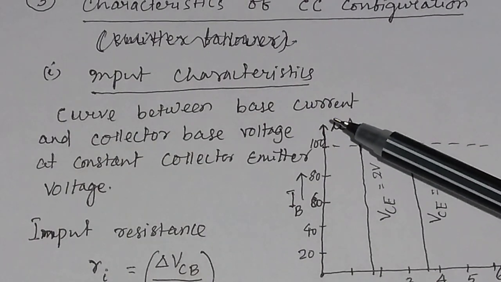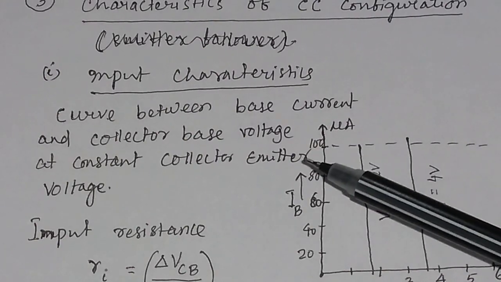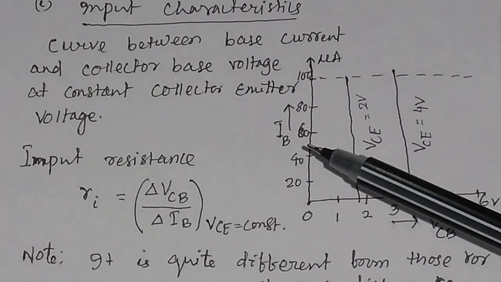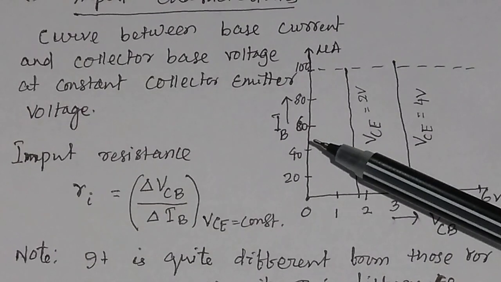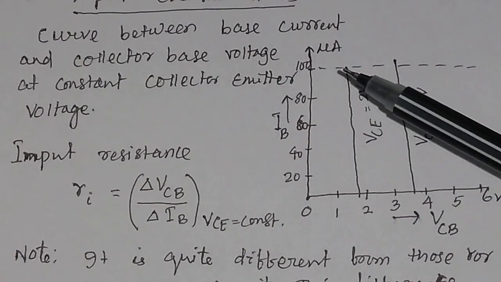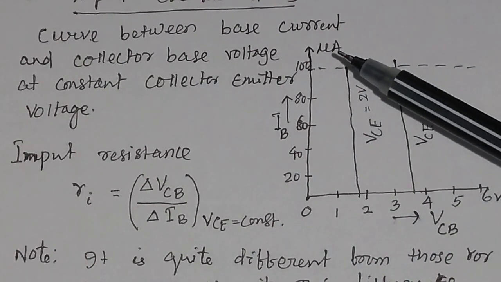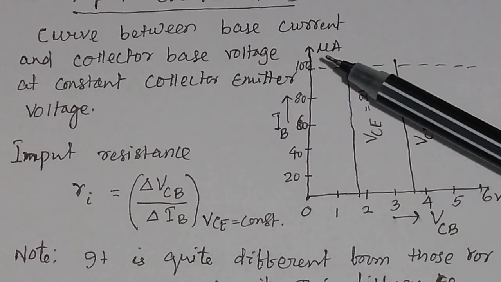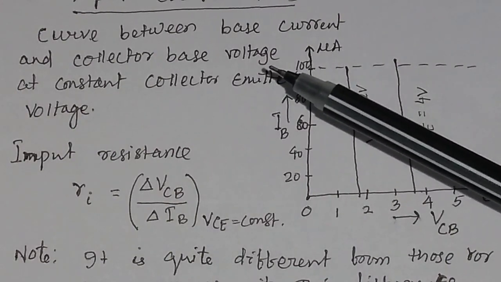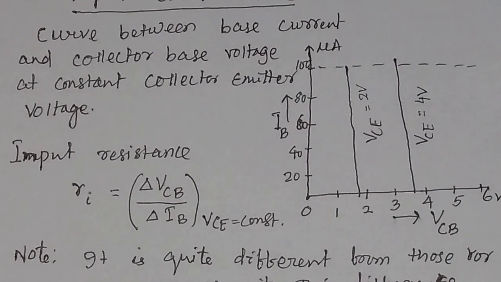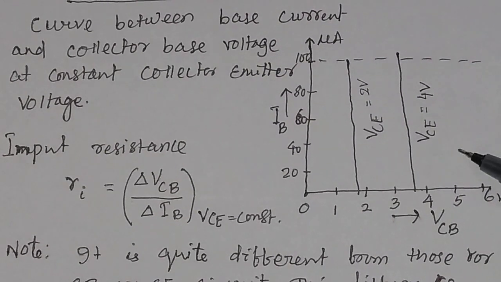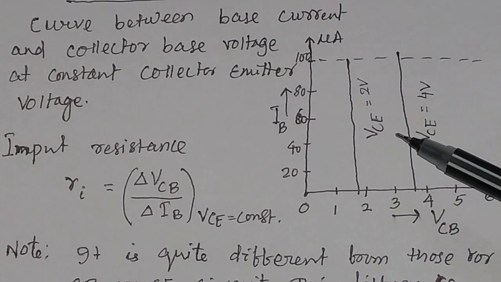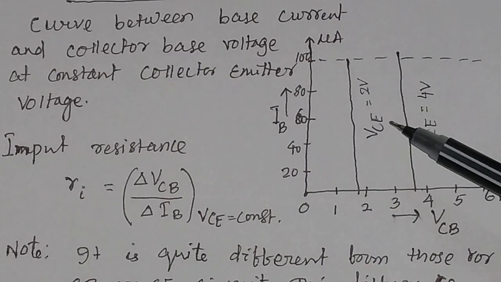The curve between base current and collector base voltage. Remember, in common collector, in the input you have base current, and in the output you have to keep the collector emitter voltage constant.